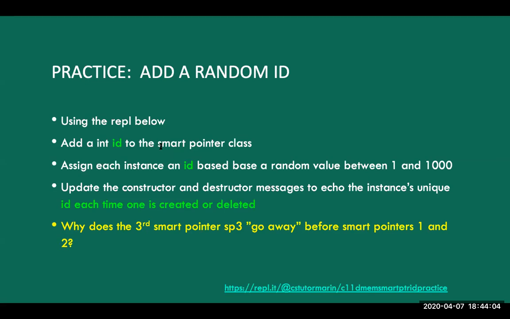And then separately, we could create an sp2 with an integer there and print out the address to that if we wanted to. And then we create some local scope where we create sp3, which will, of course, go away after that second brace there.